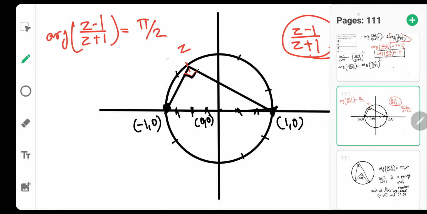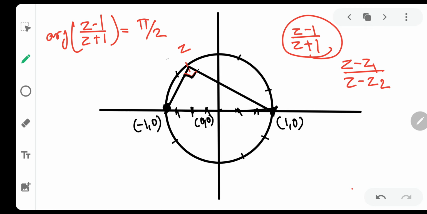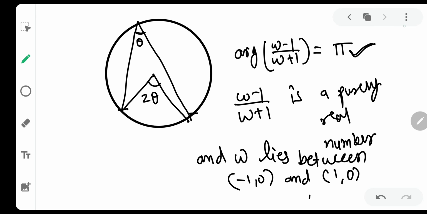But they have asked us the maximum value of |omega + 1|. Now let us check out what will be the maximum value. So omega could be −1 + 0i, or omega could be 0 + 0i, or omega could be 1 + 0i, because omega could be this point also, this point also, and even this point also. So we have various values of omega, but we need to find the max value of |omega + 1|.